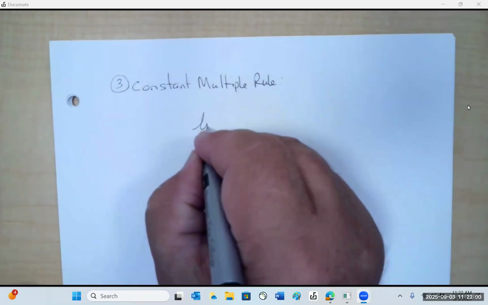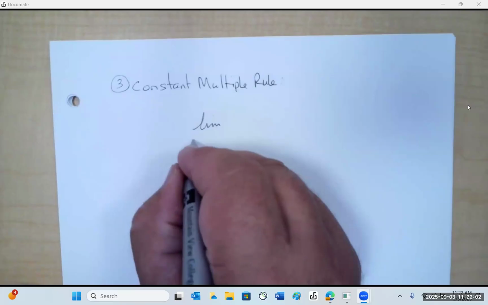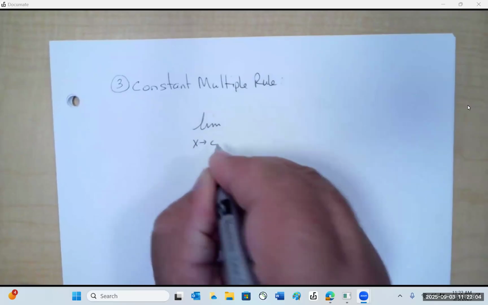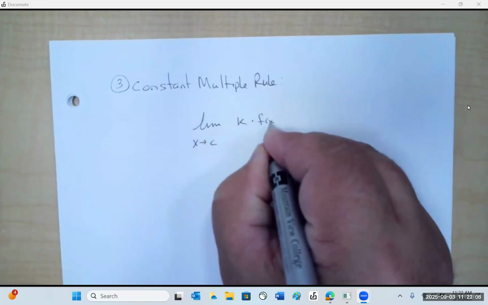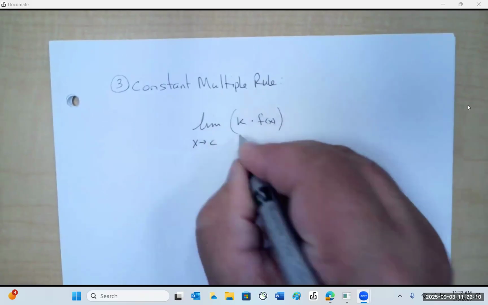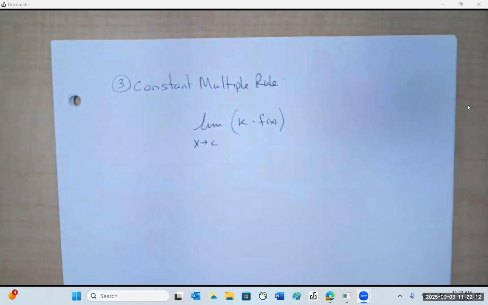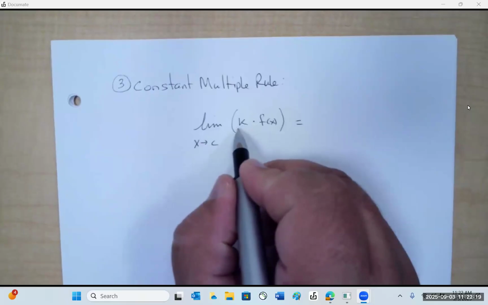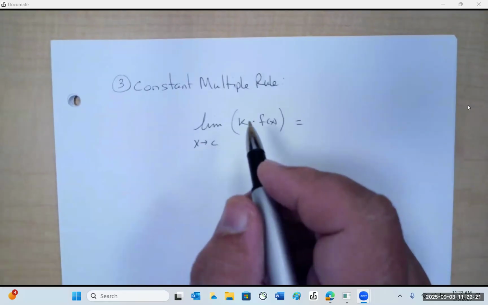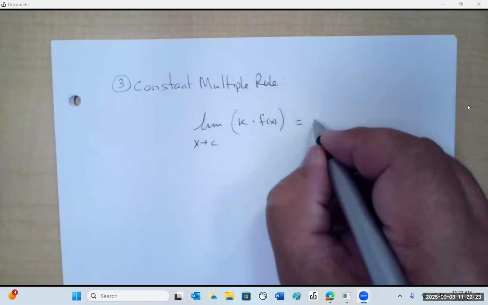What this one says is if I have the limit as x approaches c of some number k times my function, because the constant term itself is not a function of x, I could bring it out in front.